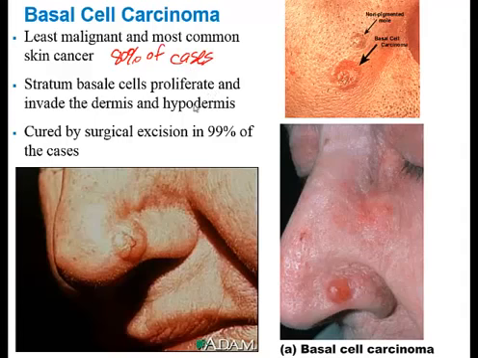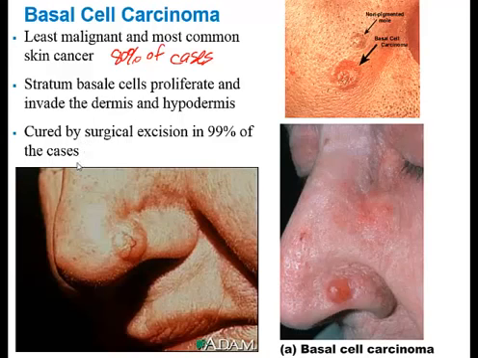And in this case, the stratum basale cells are going to grow, proliferate, and invade the dermis and the hypodermis. But full cure for this happens usually in 99% of the cases, as long as surgical excision is used.